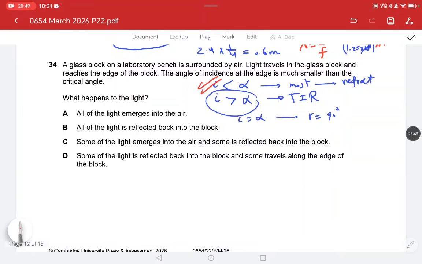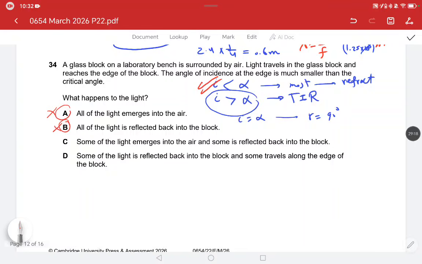And again, remember that the idea of all the light, so of course not all of the light emerges into the air. This one is incorrect. And all of the light is reflected back into the block? We said reflection happens not in this case, so it's not this one either.